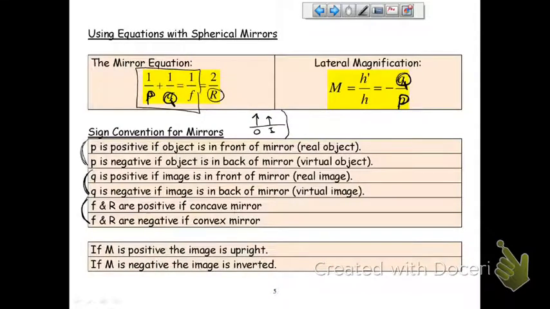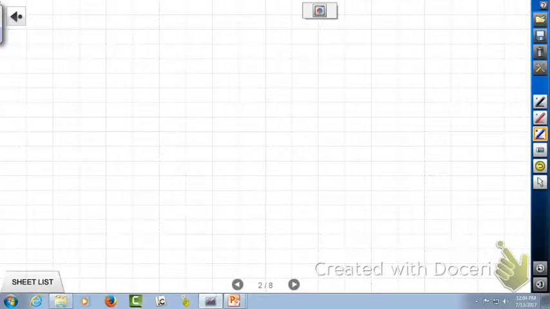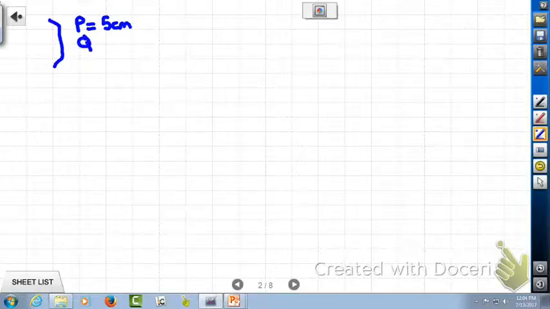So now, let's bring a page in here. Let's look back at our two examples. So we're going to take the concave mirror. Basically we had a concave mirror, and what we said was, in my case, let P equal 5 centimeters and let Q equal 9 centimeters.